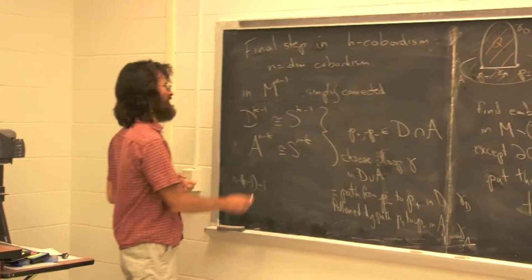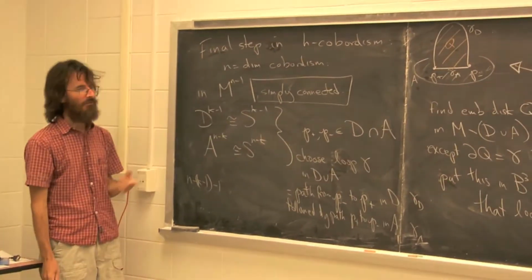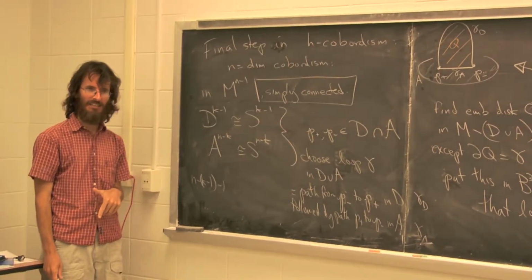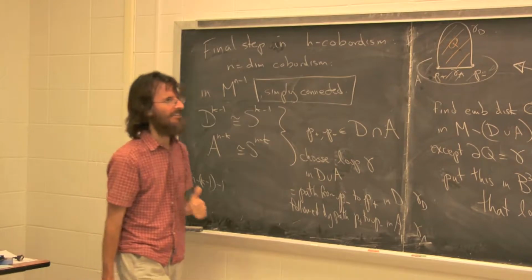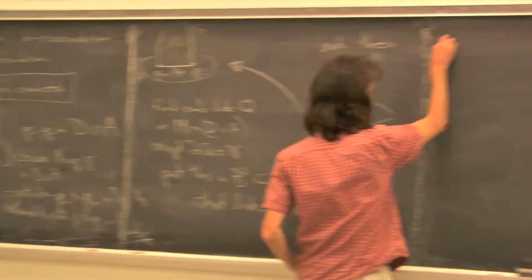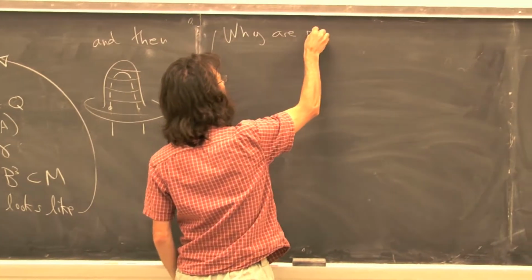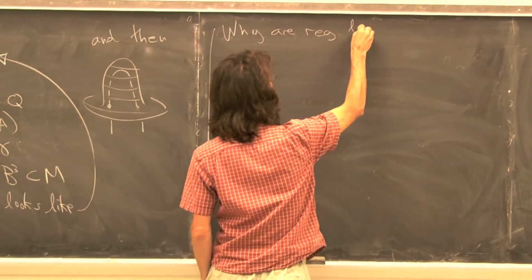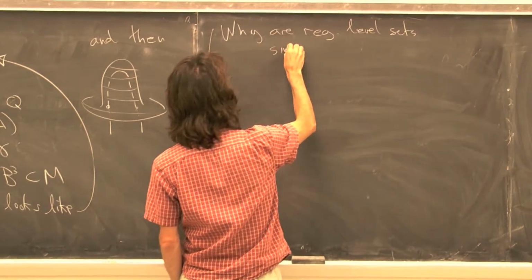But before I get there, I should talk about this simply connected. We know that X is simply connected, and we know that the bottom and the top are simply connected. So Y, regular level sets, connected.